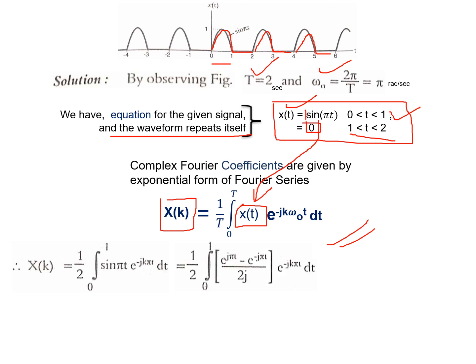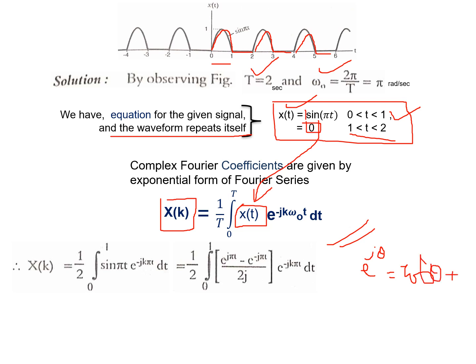Now, I am writing sin pi t using Euler's formula. Because I know e to the power of j theta is cos theta plus j sin theta.